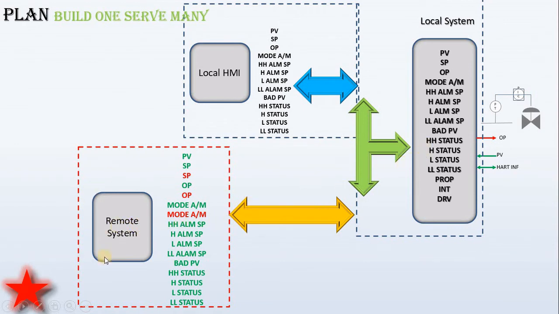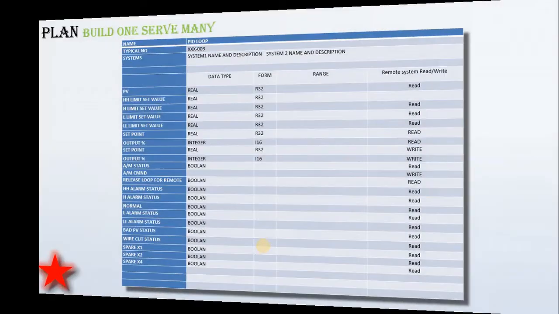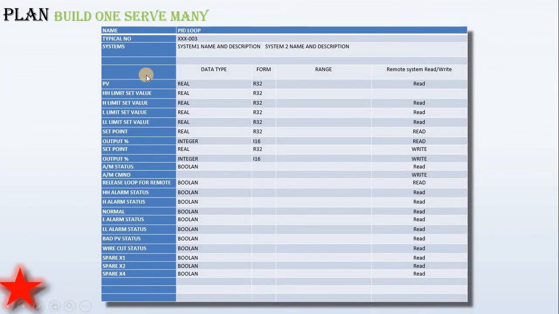When it is in remote, the remote system will write to your set point. So the system should allow read and write in two different registers for the set point, and so on. That's again based on the programmers on both sides. Again, you will have a lot of data, and you can see read, write here, and so on.